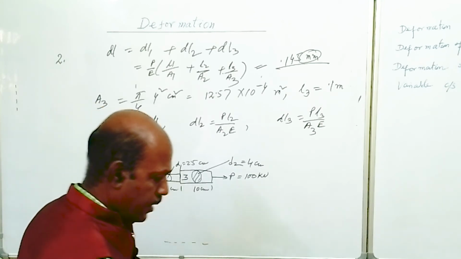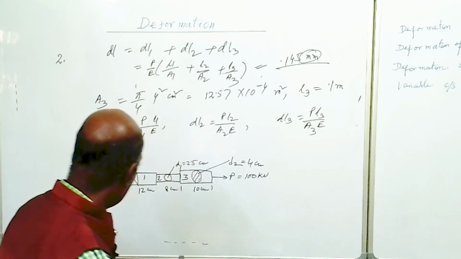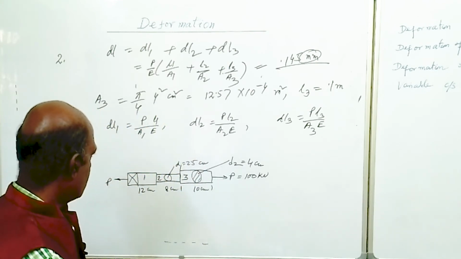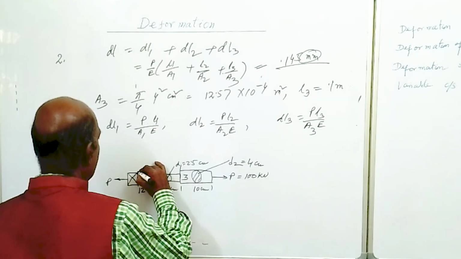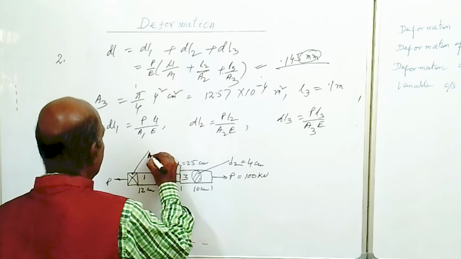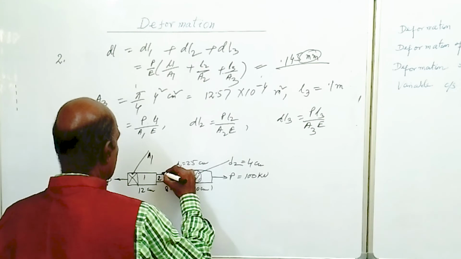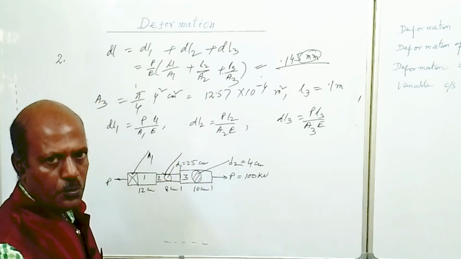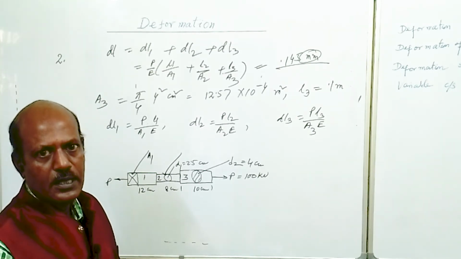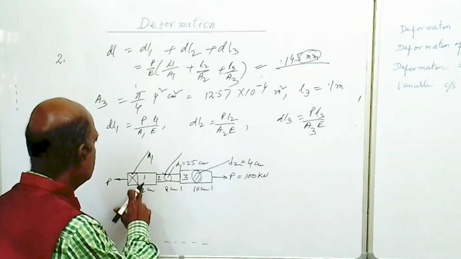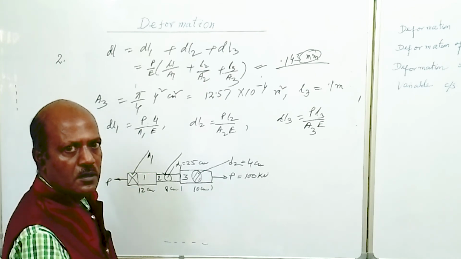And the other part is: what are the maximum stress and minimum stress developed in the bar? Now, from this figure, it is seen that A1 is the maximum cross-sectional area, and the minimum cross-sectional area is A2. Where the area is minimum, the stress developed in that section will be maximum, and where the area is maximum, the stress developed will be minimum.